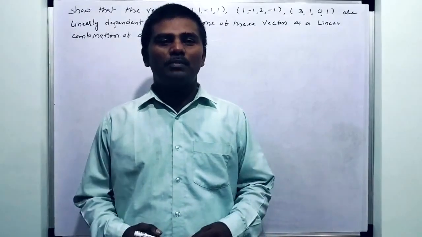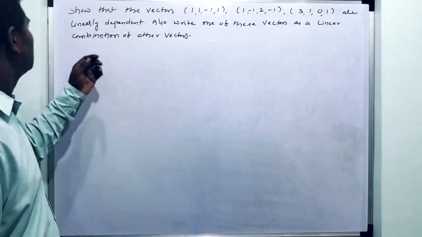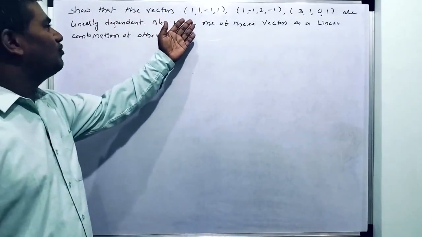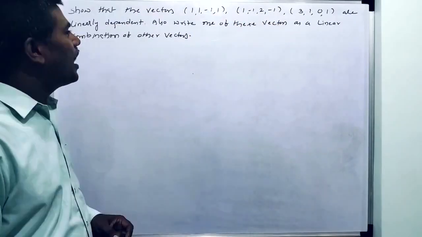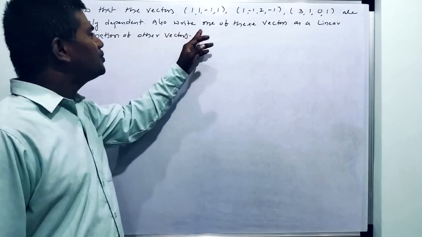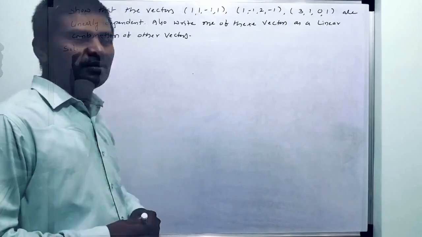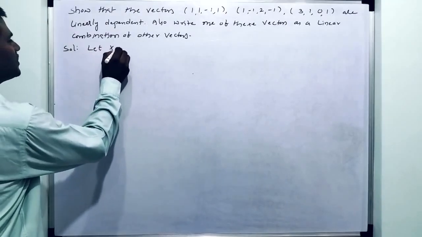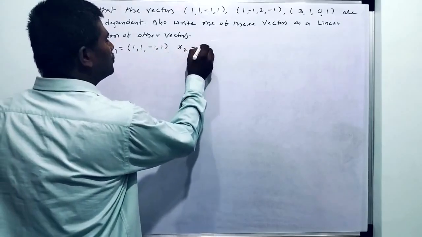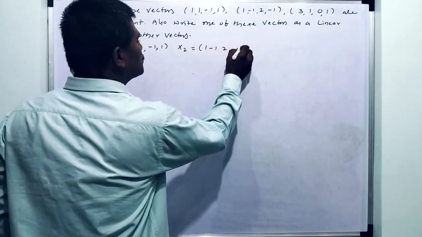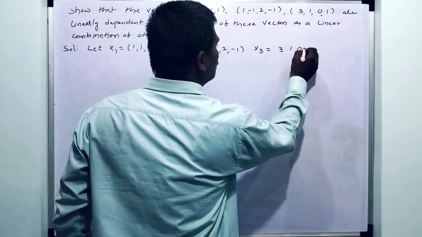Let us solve one more problem on linear dependence and independence of vectors. Show that the vectors (1, 1, -1, 1), (1, -1, 2, -1), (3, 1, 0, 1) are linearly dependent. Also write one of these vectors as a linear combination of other vectors. Let x1 be (1, 1, -1, 1), x2 be (1, -1, 2, -1), x3 be (3, 1, 0, 1).